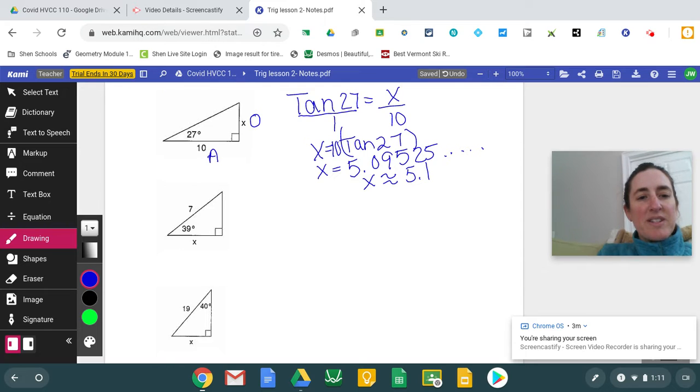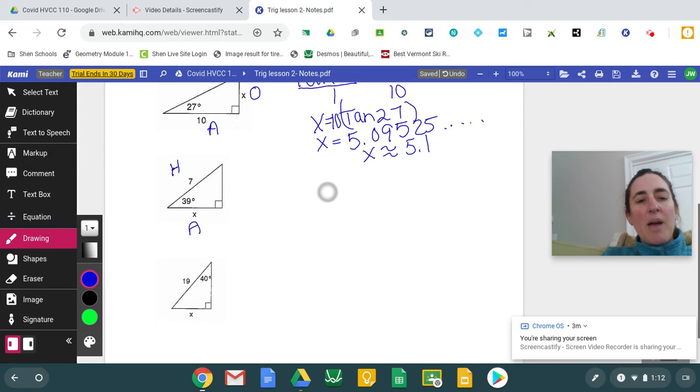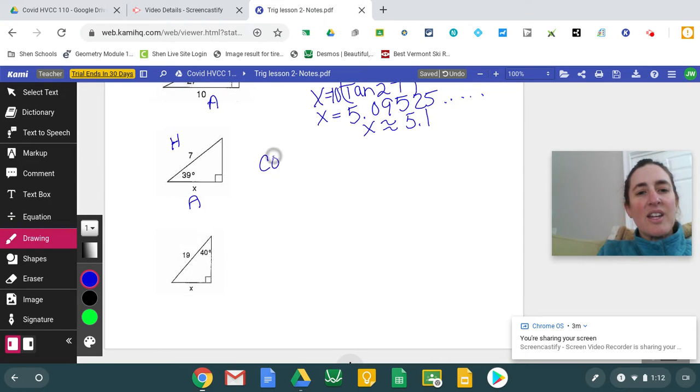So here's my reference angle. It's 39. I'm going to put this as my adjacent side, and here's my friend, the 90. So that means this is the hypotenuse. So it's cosine. So I'm going to be doing the cosine of 39 is going to equal x over 7. I'm going to put this over 1, and I'm going to cross multiply.